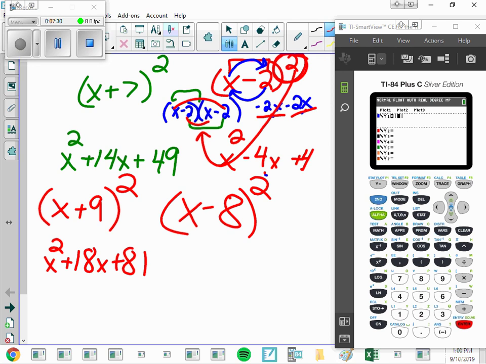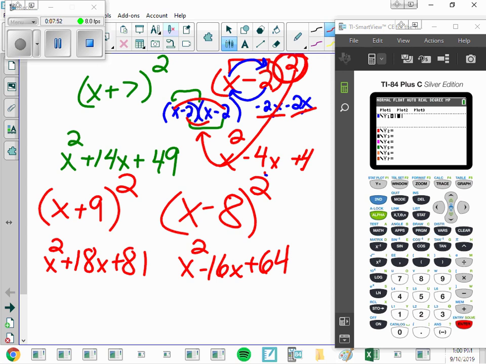What's that one going to be? So x squared minus 16x plus 64. Now, if you don't remember the rule, that's okay. Just draw the box and put x minus 8 on one side and x minus 8 on the other, and then multiply them together and simplify.